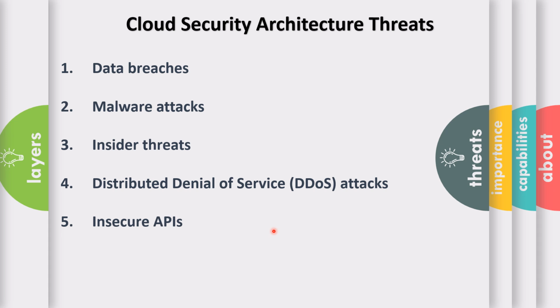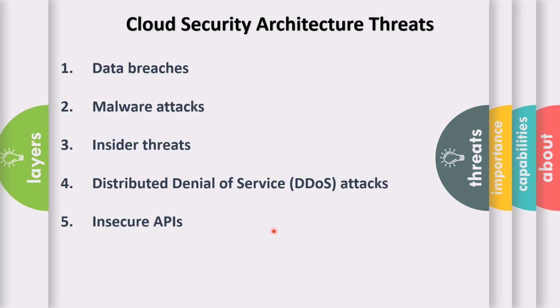What is it? API is an application programming interface, which allows different apps and subsystems to communicate with each other. If these APIs are not secure, hackers can use them to access or tamper with your data. So what's the threat? An insecure API could allow attackers to gain unauthorized access to your cloud services, manipulate data or inject malicious code into your system.